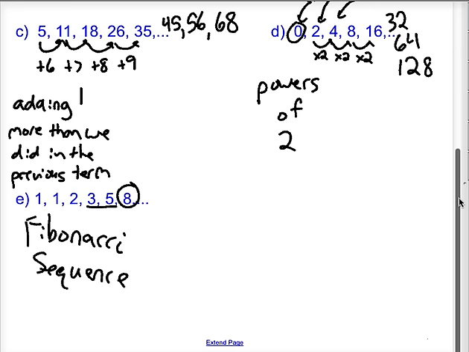So if we're being asked to follow this sequence, to find my next term, I need to take 5 plus 8 to get 13. I need to take 8 plus 13 to get 21. I need to take 13 plus 21 to get 34.